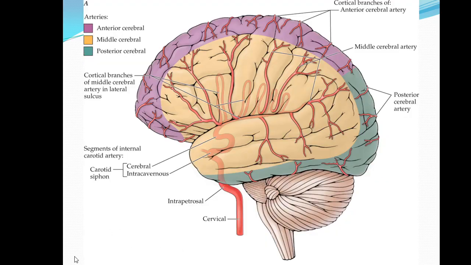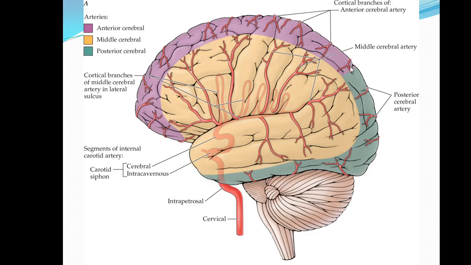In this diagram, you can see the superolateral surface of the cerebrum. Most of the area is supplied here by the middle cerebral artery. A strip along the superior border, about 2 centimeters long, along the superior medial borders, is supplied by the cortical branches of the anterior cerebral artery.